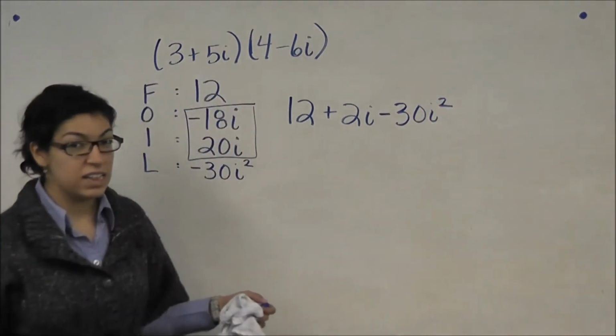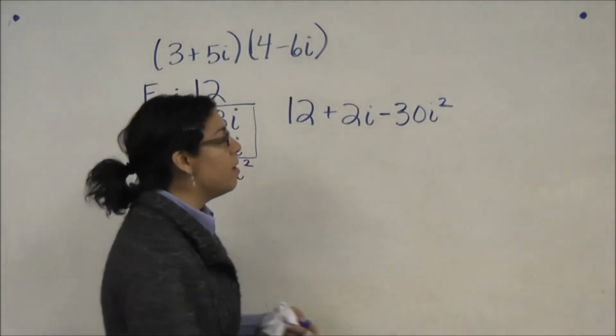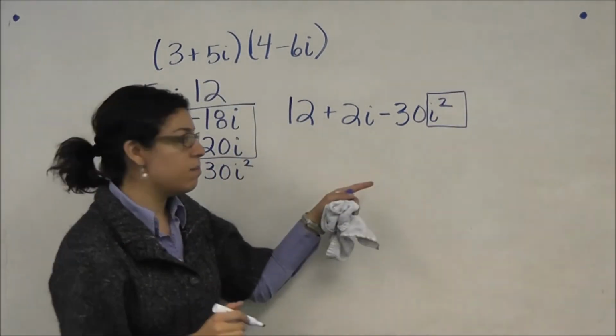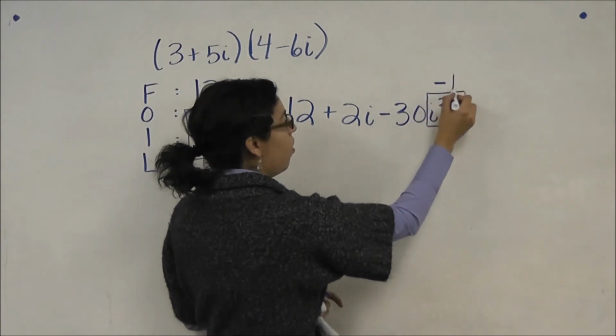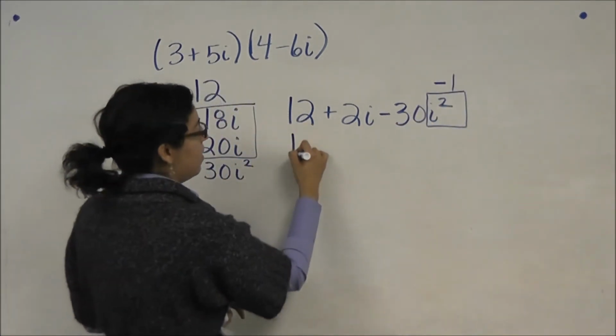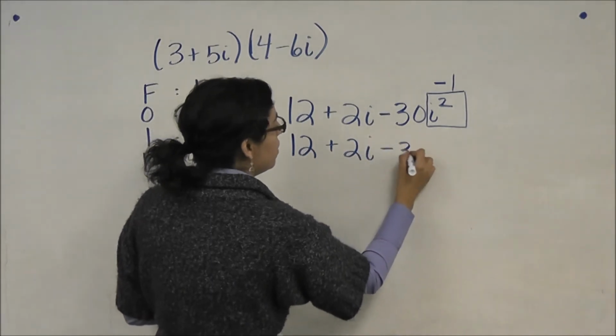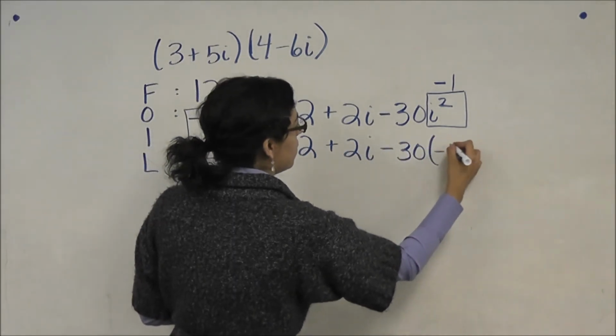And we can actually clean this up a little bit more, because i squared, remember that's the same thing as -1. So I'm going to rewrite this as 12 plus 2i minus 30 times -1.